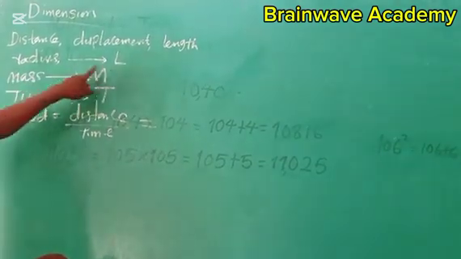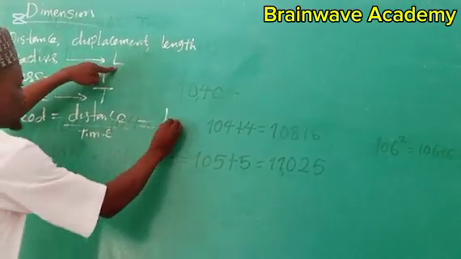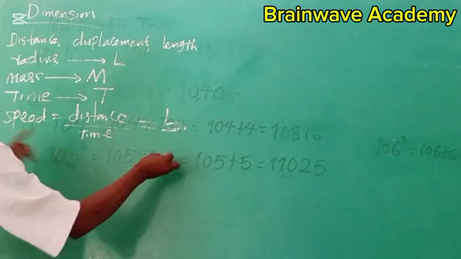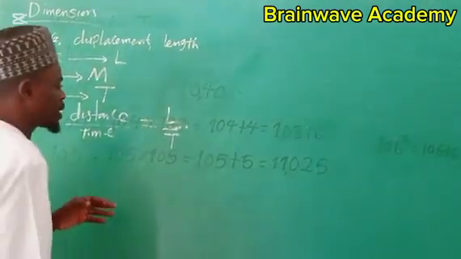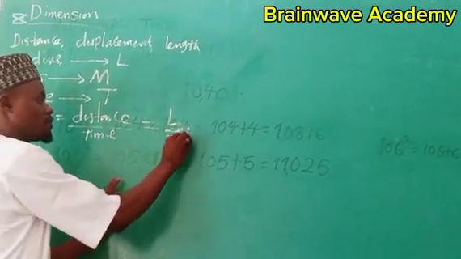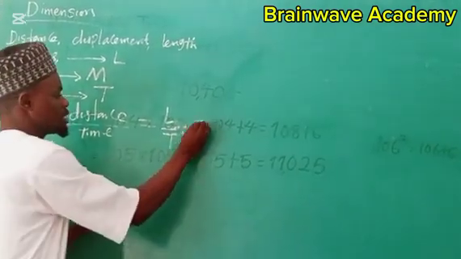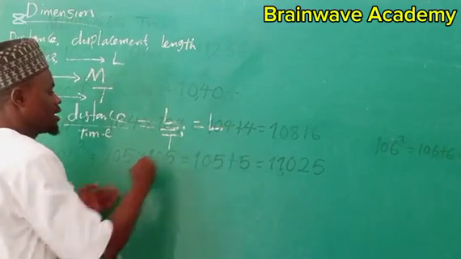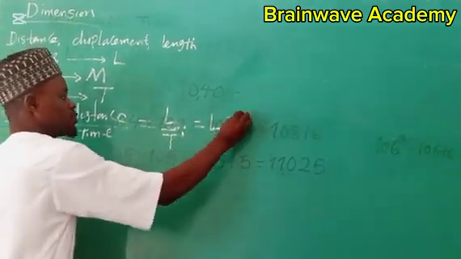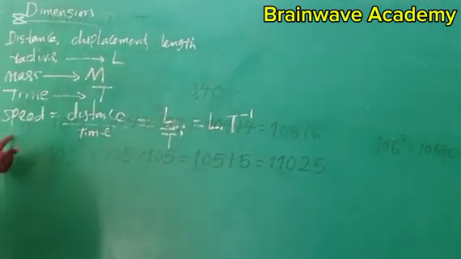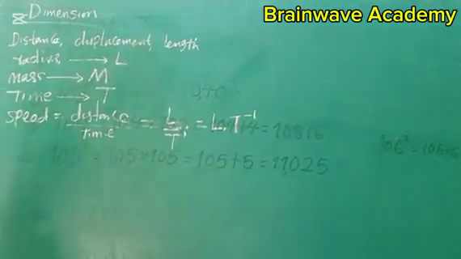Distance is represented as L, and time is represented as what? T. That is L over T. And as you can see, this T is raised to the power of 1. This is written as L, then this T, if it is raised up, is positive 1, if it goes down, it changes to minus 1. That is, the dimension for speed is LT minus 1.